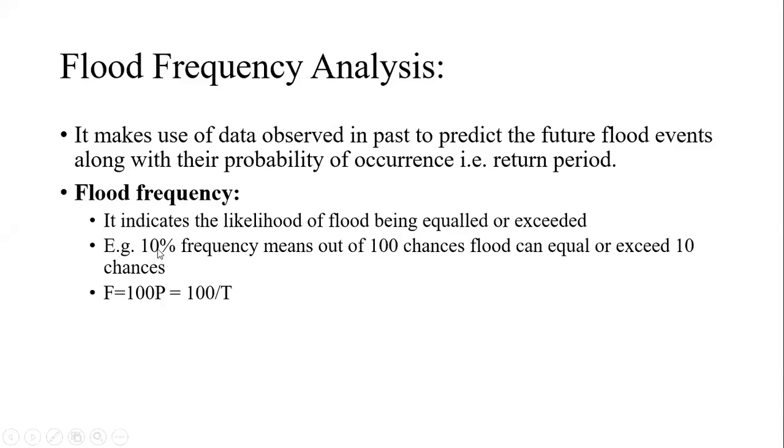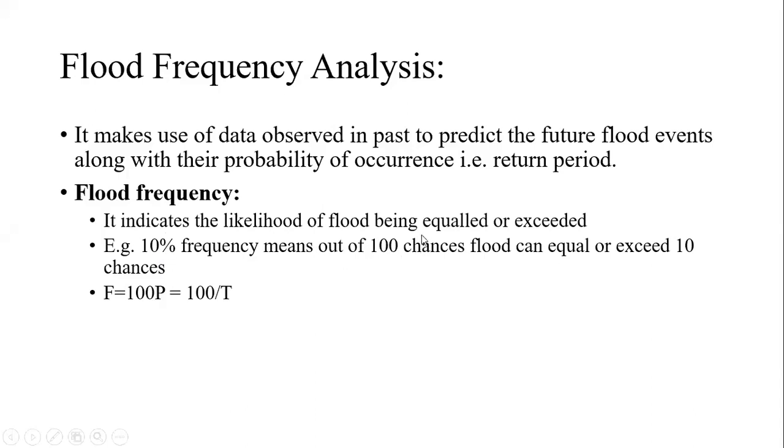For example, 10% frequency of occurrence of a flood means that out of 100 observations, the flood occurred 10 times or more than 10 times.